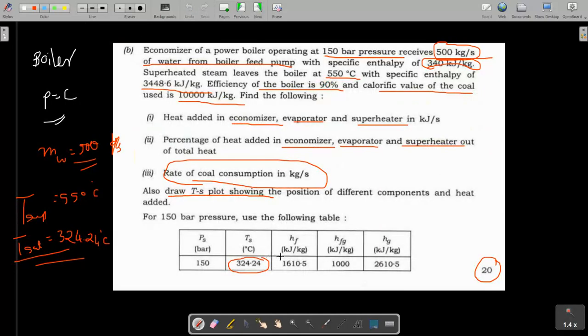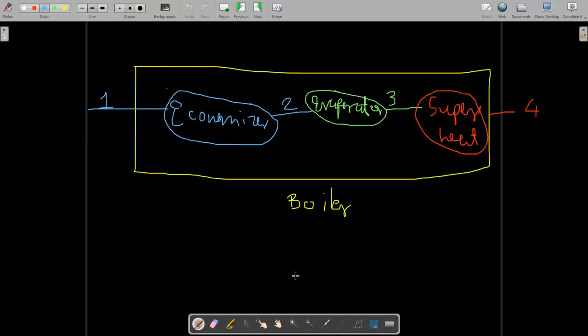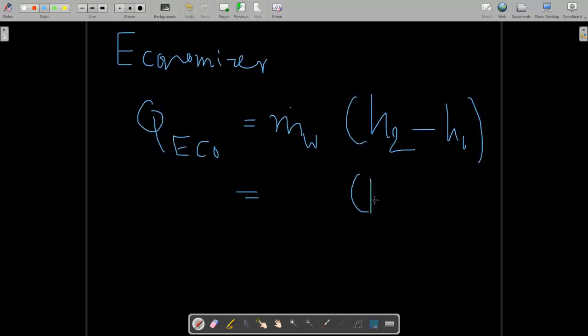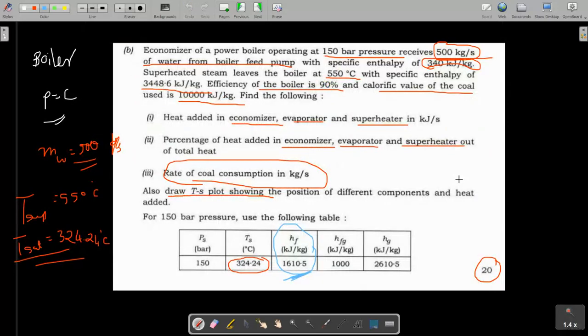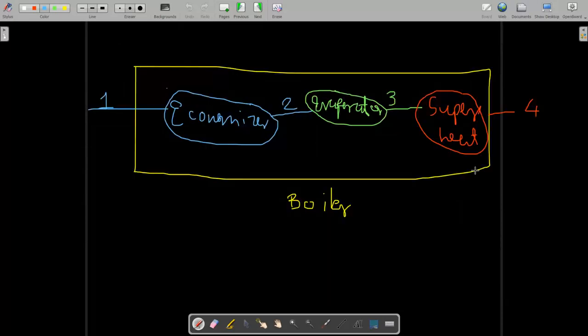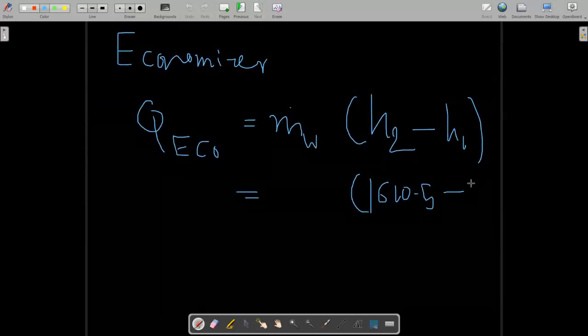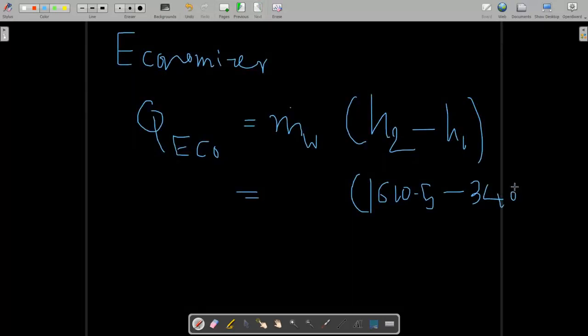At saturation temperature, the enthalpy of the fluid, HF, is 1610.5 minus the initial enthalpy given to us, which is 340 kilojoule per kg. All these are specific enthalpies, so we have to multiply by the mass flow rate of water also. It is given as 500 kg per second.